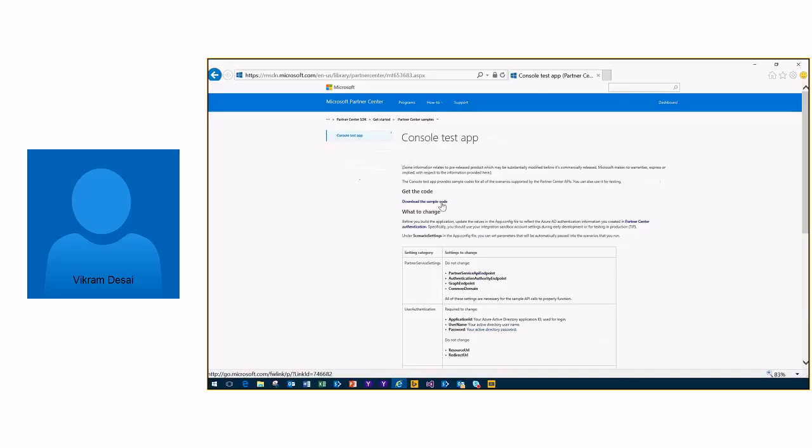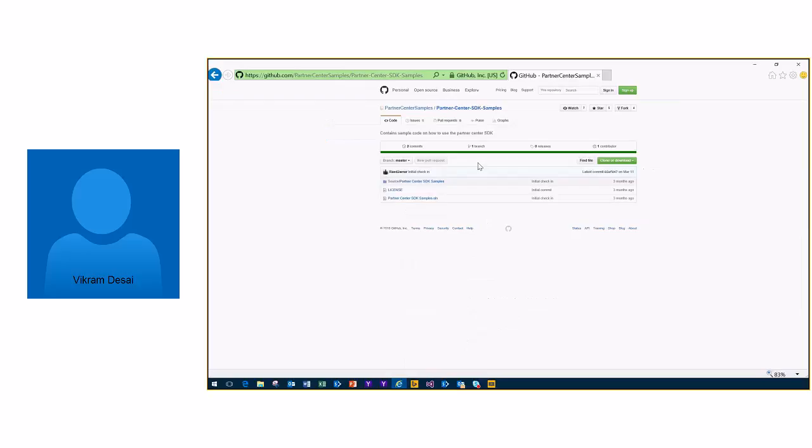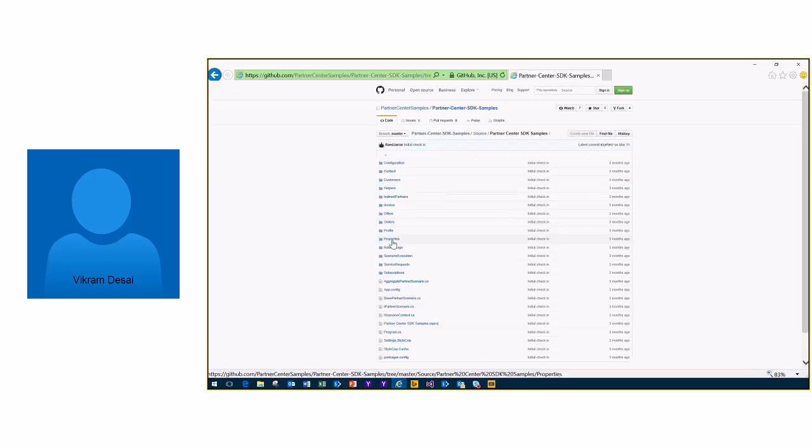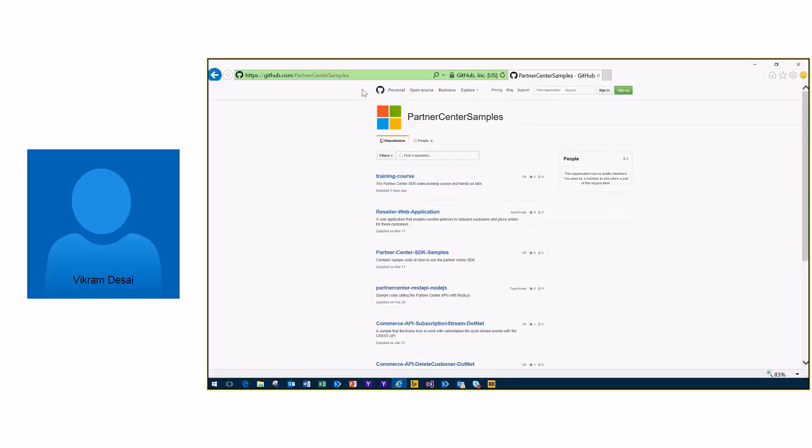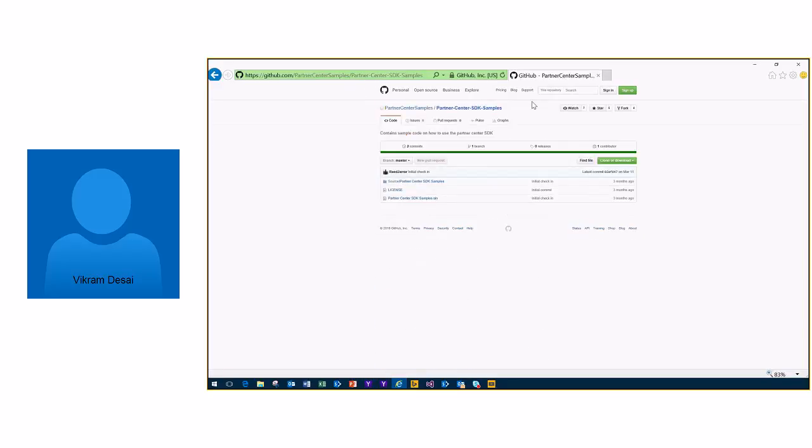It takes you to GitHub, and you can download the sample. This has a full set of APIs via SDK and shows you all different samples, which includes usage. So I would encourage you to go to github.com/partnercentersamples and download this, or you could go by the navigation path I just showed.